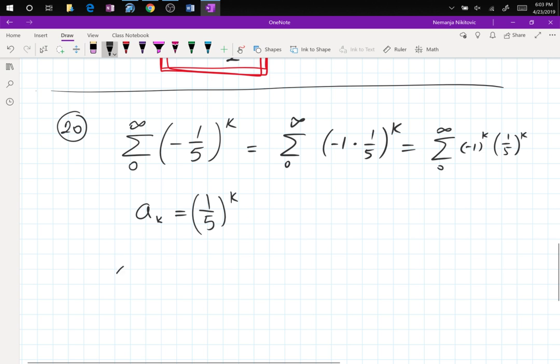So the limit as k goes to infinity of 1/5 to the k is, I hope you all agree, 0, right? Because you have 1 to the k, which is 1, divided by 5 to the k. When k goes to infinity, 5 to the k goes to infinity. 1 divided by infinity is 0. So the condition for the limit being 0 holds.